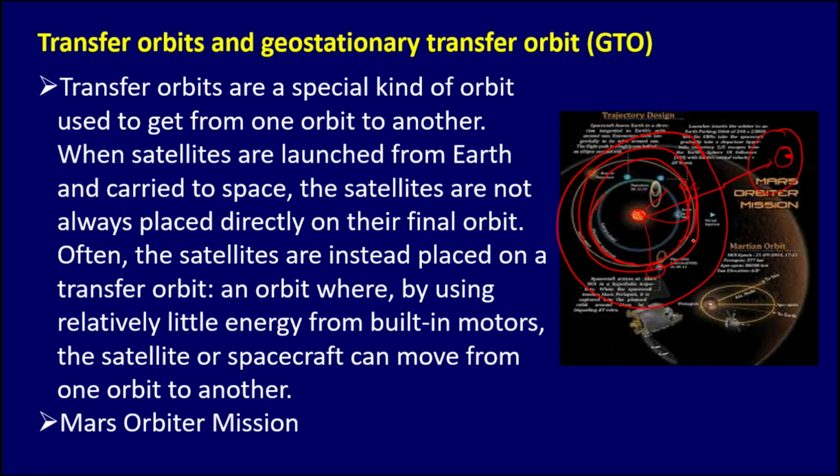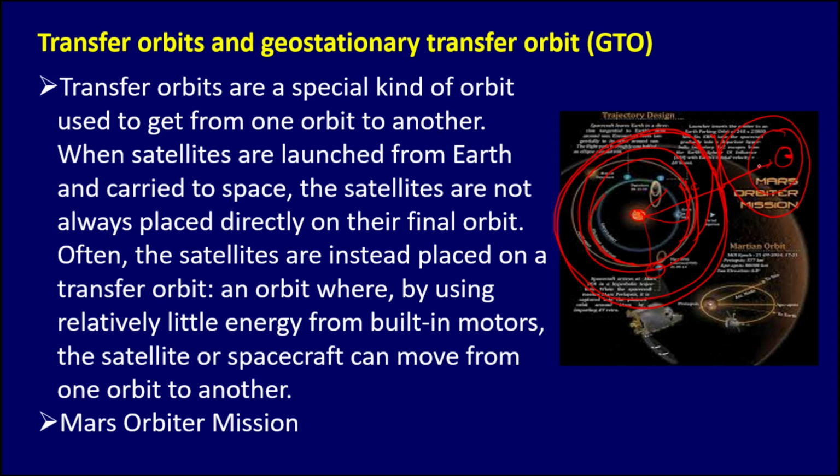From there again we gave another boost, and it reached something like this. When it came here, we gave another booster, and it came under the influence of Mars. Once it came under the influence of Mars, it would start revolving around Mars.